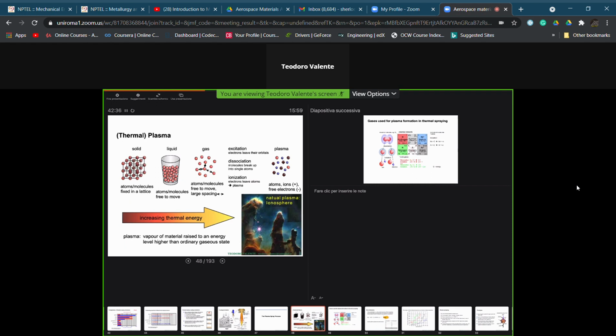In this case, we are talking about a gas plasma phase, which is obtained by using special gases, common but special, not all the possible gases, and which has the property to have the number of positive charges, that is ions, equal to the number of negative charges, that is electrons.